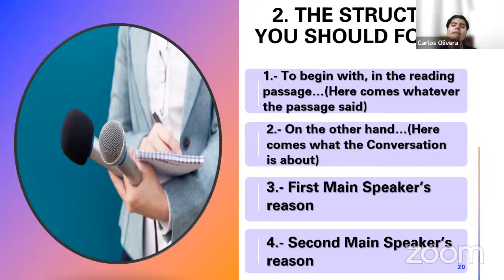Then, the fourth step is to mention the second reason that the main speaker postulates. For example, in the last illustration, the male speaker said, secondly, the private gyms that the university has offered as a replacement for the fitness center are too far away from campus, and nobody is able to get a taxi there, especially people who are working out at night and are not able to find a taxi that carries them to that place.